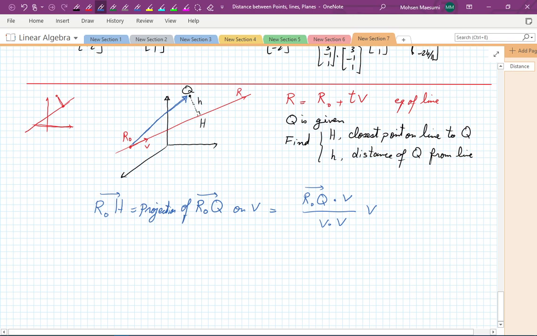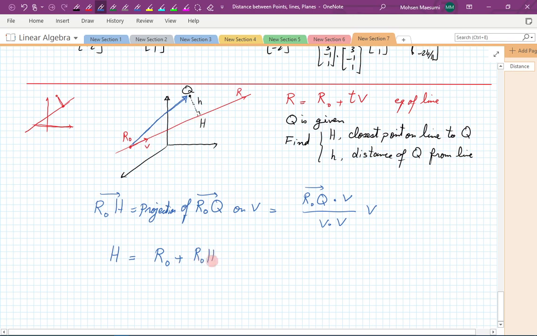That's the projection. So if I have the vector R0H, how do I arrive at the location H itself? If I want to go to H, first of all, travel to R0 first, and then go as much as R0H.